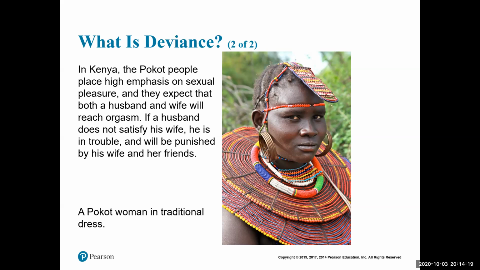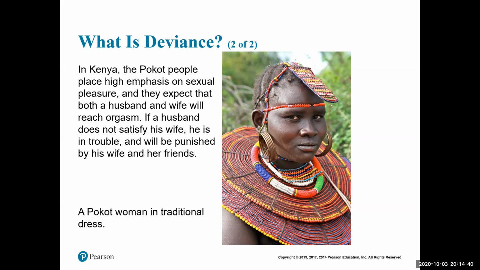In other words, it's not a written law, but it's part of the norms of their culture, making sure that both parties are pleasured and are able to reach climax.